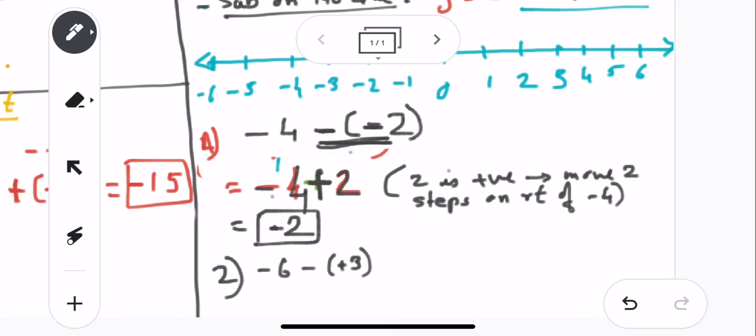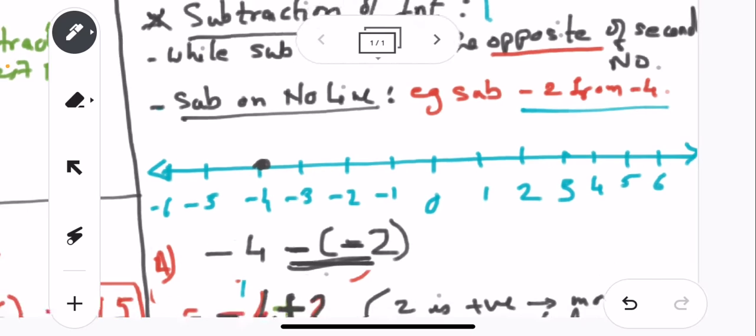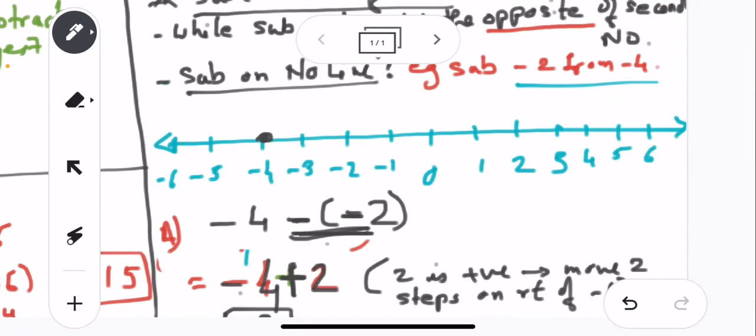Now how will you draw this on a number line? The first number tells you where to start. Now first number, like we have to subtract minus 2 from minus 4, so minus 4 will be my first number here, and we have to add this 2.